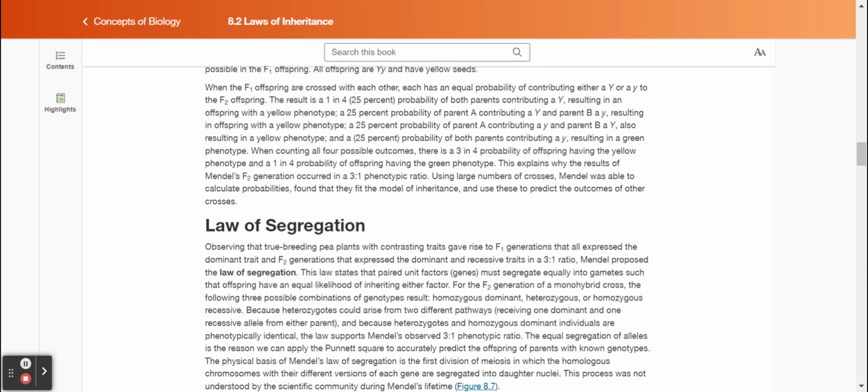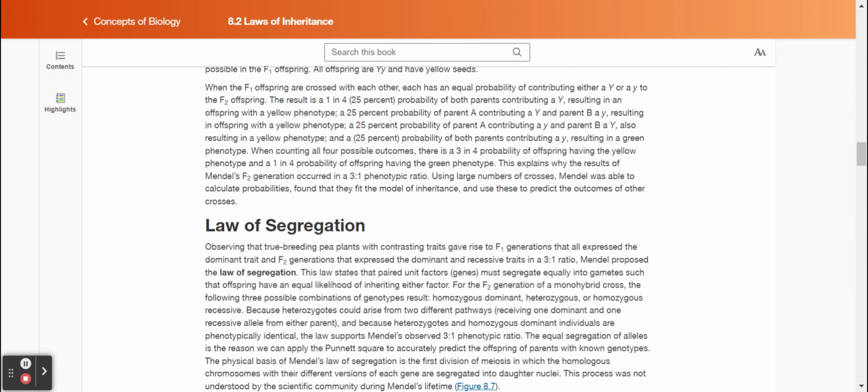A 25% probability of parent A contributing a dominant Y and parent B a recessive y, resulting in offspring with a yellow phenotype. A 25% probability of parent A contributing a recessive y and parent B a dominant Y, also resulting in a yellow phenotype, and a 25% probability of both parents contributing a recessive y, resulting in a green phenotype.